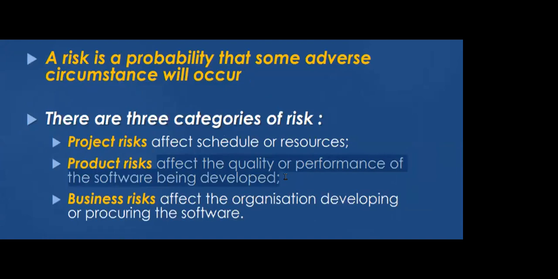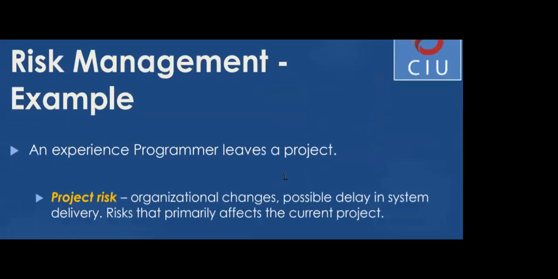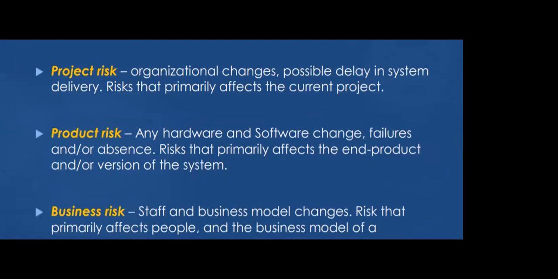And finally, there are business risks, which affect the overall business rather than only the project itself. It can affect the entire business that you are running, such as when a new technology emerges, this can affect the business model of the company.